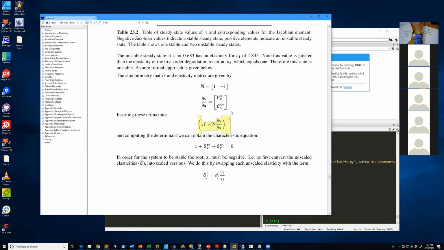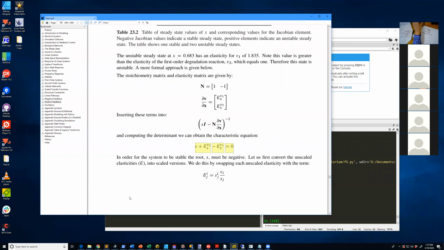determinant of the inverse of the Jacobian. This is the Jacobian inside here. Then I take the inverse and I need the determinant. If you multiply that by that and subtract it from S1, this is the determinant you get. It's actually quite simple. This is the characteristic equation.